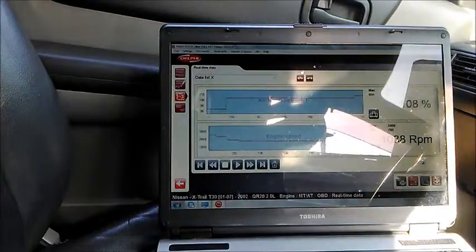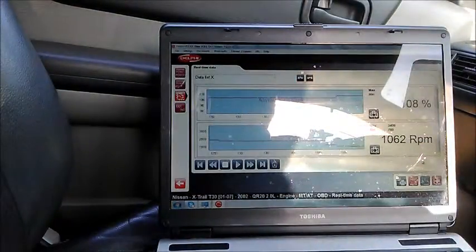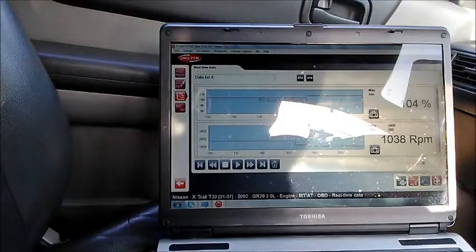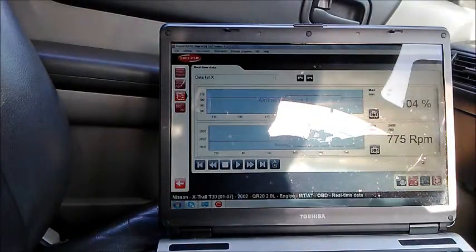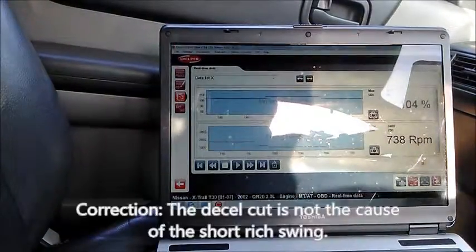So it's now running actually a little bit rich, which is expected because it's doing a decel fuel cutoff. Decel fuel cut and goes back to 104.